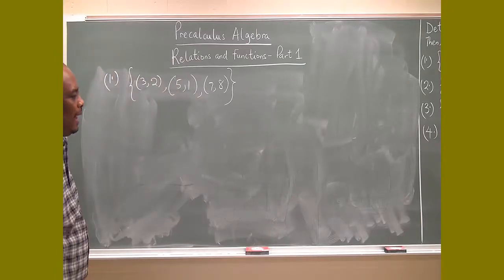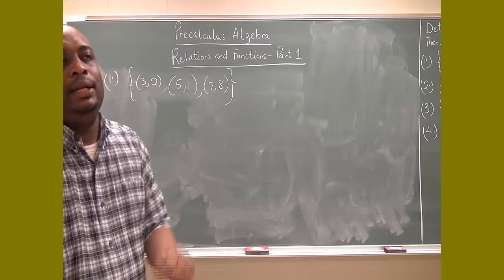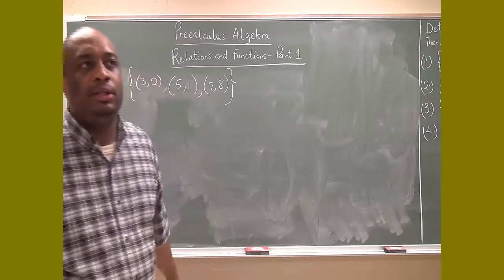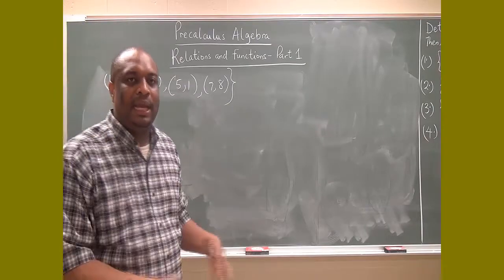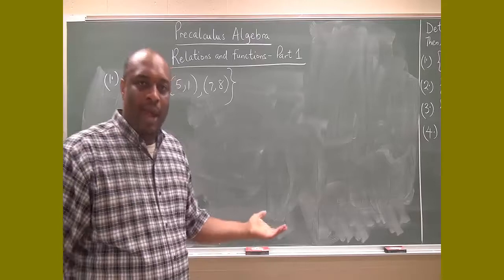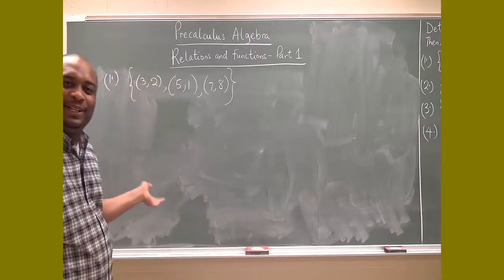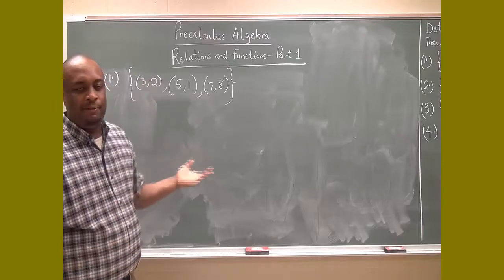Now, domain values are the x values, which are the input values, and range values are the y values or the output values. You can also say that domain is a set of all x values. Range is a set of all y values. So many definitions, huh? So if you look at it, you will say, of course, the relation is a function.